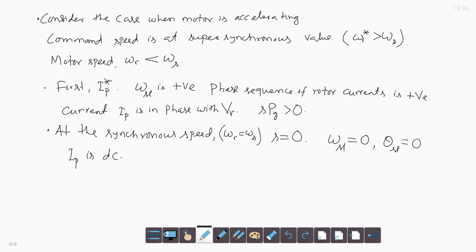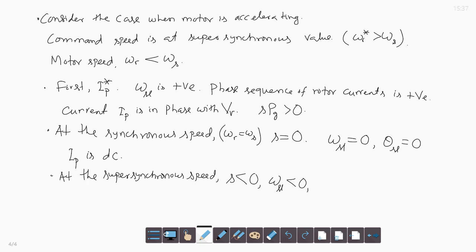At the supersynchronous speed, slip is less than 0 and slip speed is also less than 0, in the opposite direction.